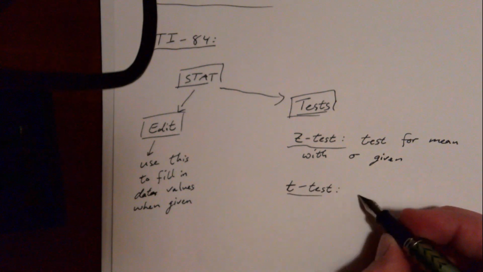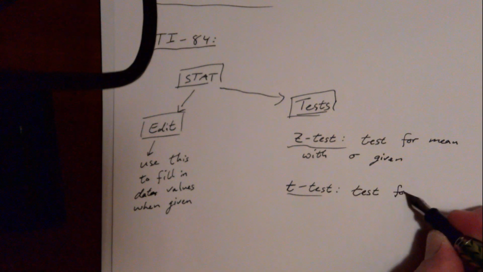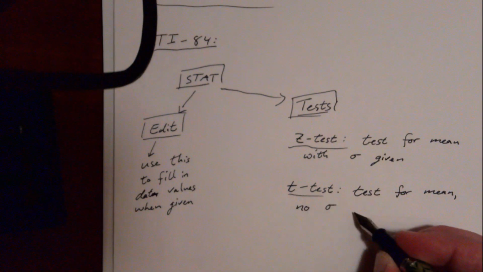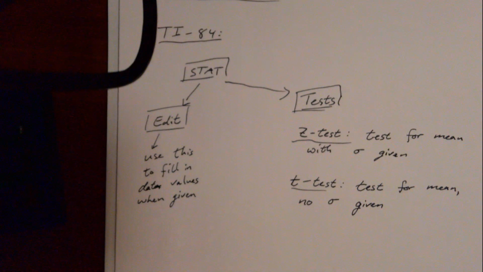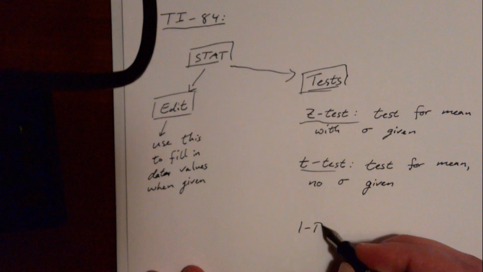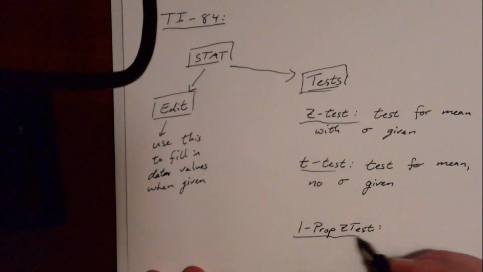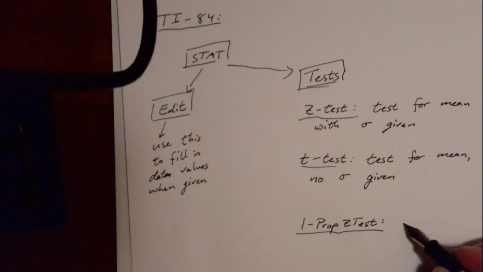This is the test for a mean again, with no sigma given. And we have a one proportion z-test, which is a z-test for a proportion.